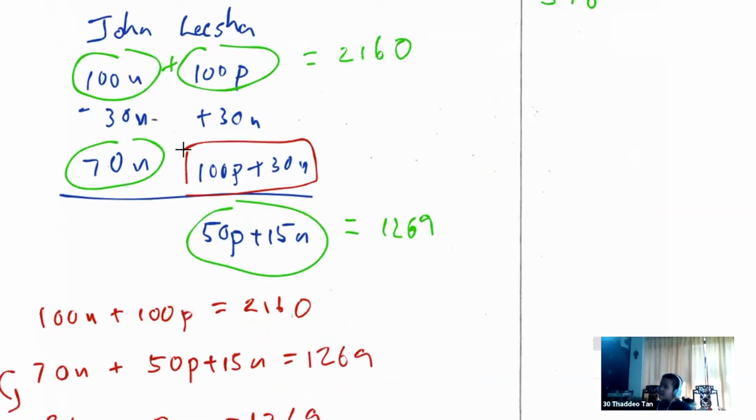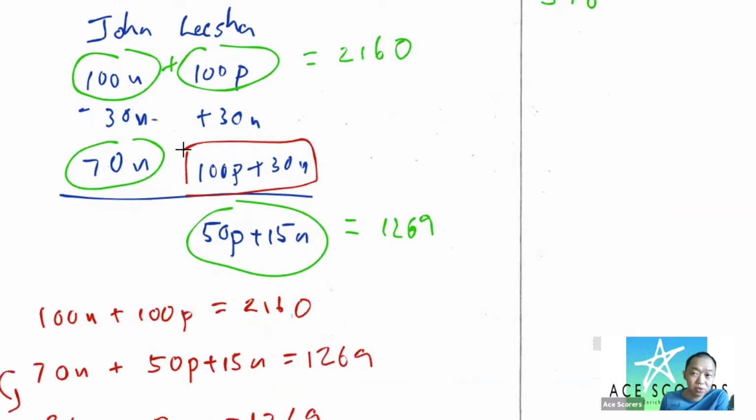The plus 30 is because John gave 30 to her. And 30 U is 30 of his. Can you see here? John minus 30 units, then where did the 30 units go? Go to her. Got it? The 30 units went to her.